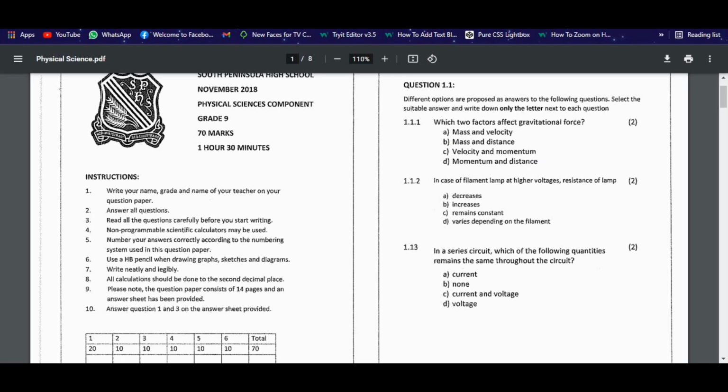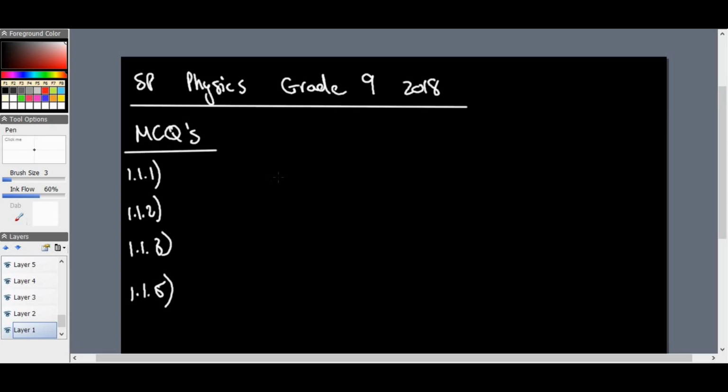We know the formula for calculating a person's weight is, I'll write it on the side here in a different color, W is equal to mass times gravity, which is the weight in newtons, mass in kilograms, and gravity in meters per second squared. So we need to find out which factors affect the gravitational force, which is obviously weight.